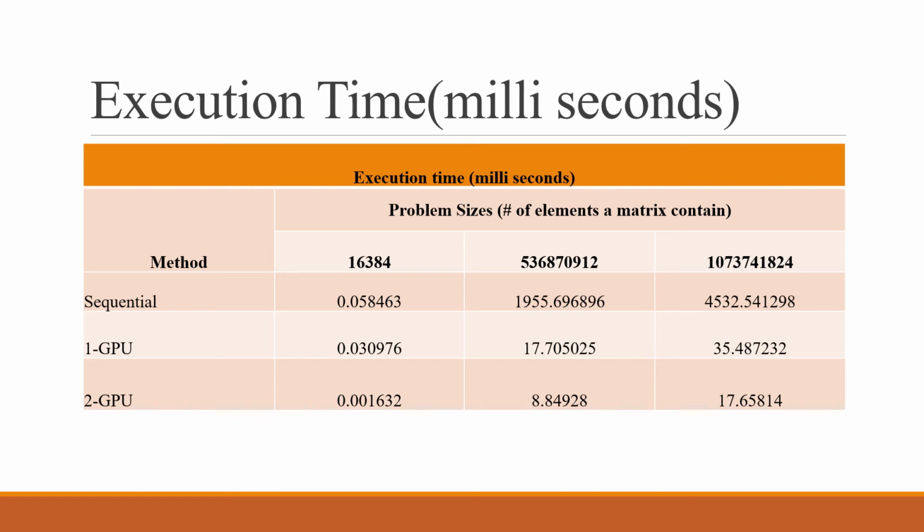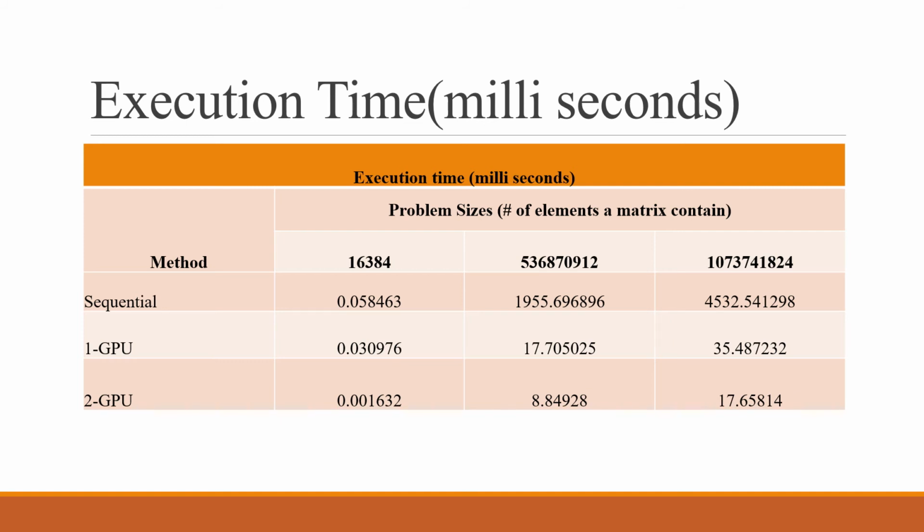by the GPU itself. And looking at 2 GPU, it's much faster compared to the sequential and 1 GPU, because 1 GPU took 35.4 milliseconds, and going to 2 GPU it took 17.6 milliseconds. Looking at the table, you will see a pattern, because the 2 GPU program always takes the fastest time for a certain task.